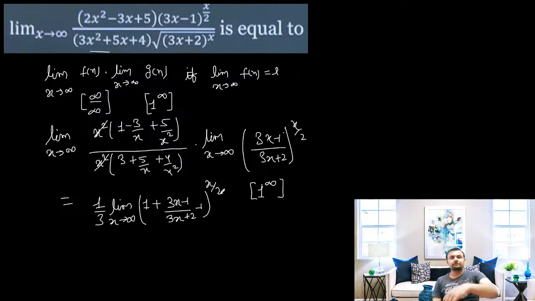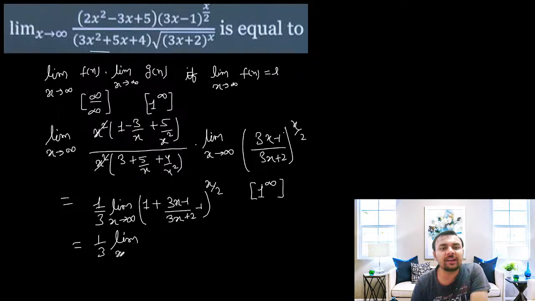So it is further 1 by 3, limit x tending to infinity, this is 1. If you solve it, it is nothing but minus 3 upon (3x plus 2) to the power x by 2.